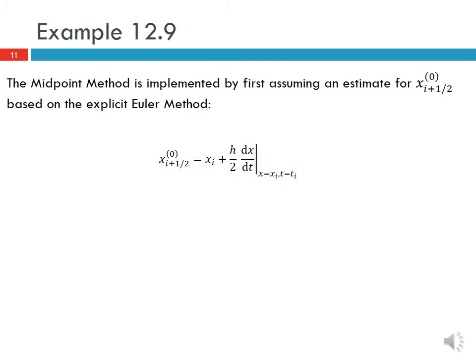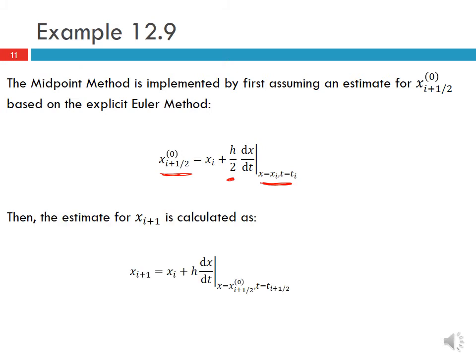So here we're finding the value of xi plus 1/2 is equal to xi plus h over 2, because we're only considering half the step size, times dx/dt evaluated at what we know, which is xi and ti. And then we find the estimate for xi plus 1 as shown here. So xi plus 1 is equal to xi plus h times dx/dt evaluated at this midpoint xi plus a half.